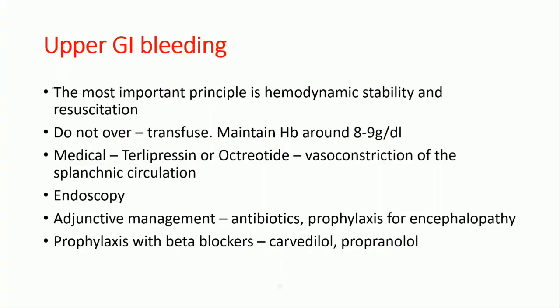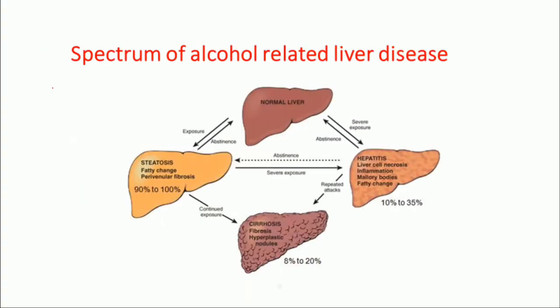Only if they are going for a procedure. That is the only situation. Even in bleeding patients, you have to make sure that the INR is high before giving FFP.